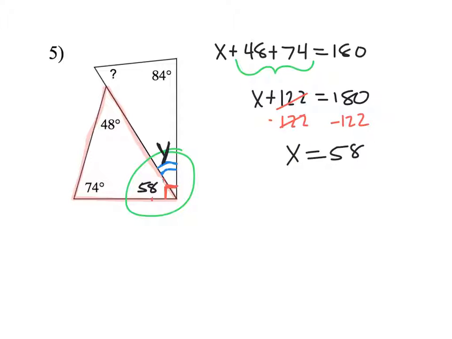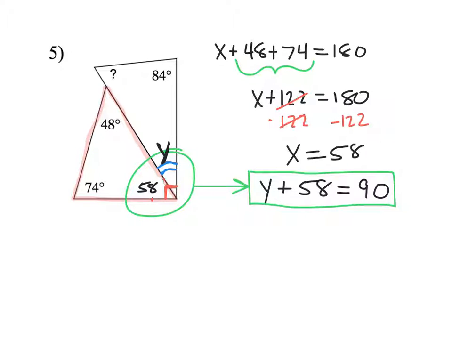And I know now that y plus 58 equals 90. Again, where did that come from? Right there. Those two angles add up to 90, so I write that equation. Now, I can go ahead and subtract 58 from both sides. So then y equals 32.